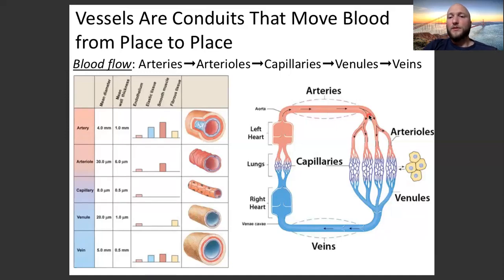That'll carry blood to arterioles, which will carry blood to capillaries, which are the sites of gas and nutrient exchange, which will carry blood into our venules, which will carry blood into our veins, which will carry blood into our right heart, which will carry blood into our pulmonary arteries, which will carry blood into our pulmonary capillaries, which will carry blood into our pulmonary veins and back to our left heart.